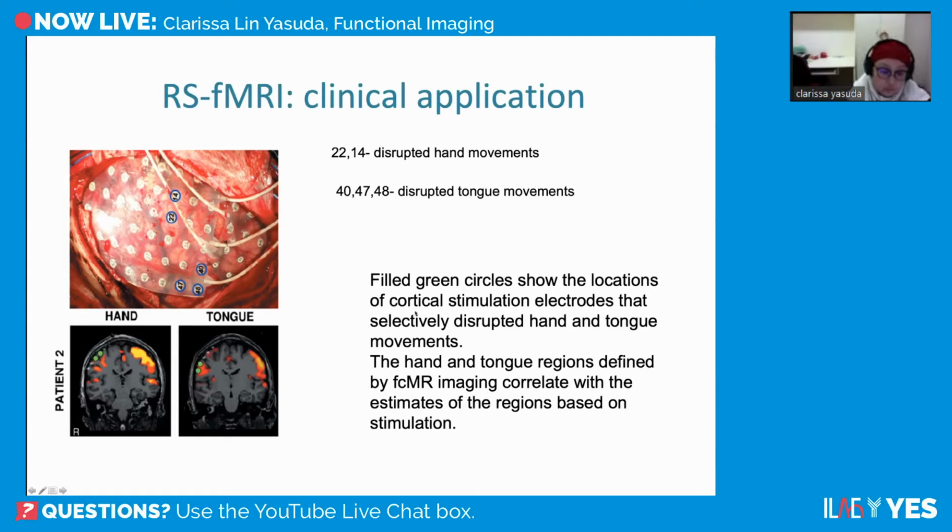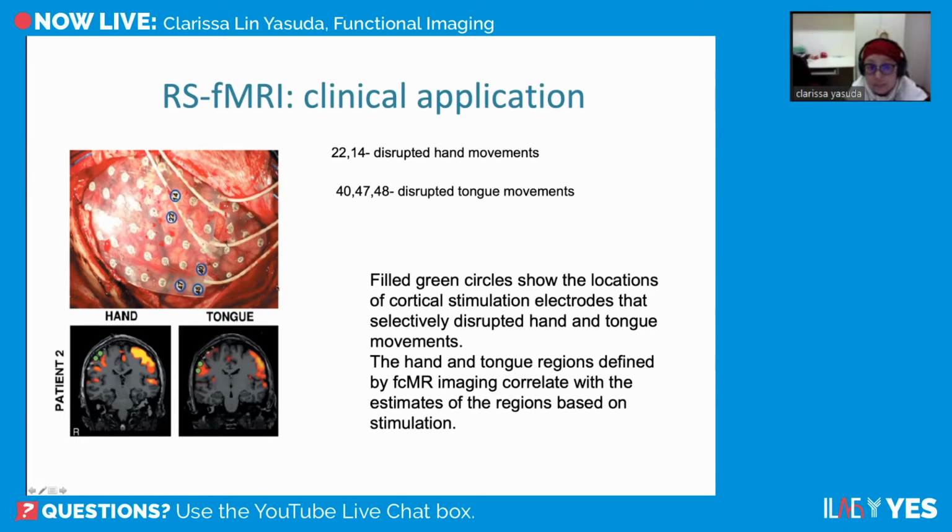So here we can see that the green circles show the locations of cortical stimulations that selectively disrupted hand and tongue movements. And it is very nice to see that the hand and tongue regions defined by the functional connectivity correlate with the estimates of the regions based on the stimulation. So the functional connectivity map showed the deficit very similar to the pattern observed when you stimulated the electrodes on top of the cortex during the surgery.